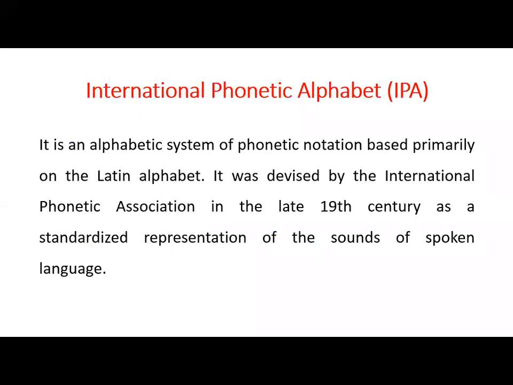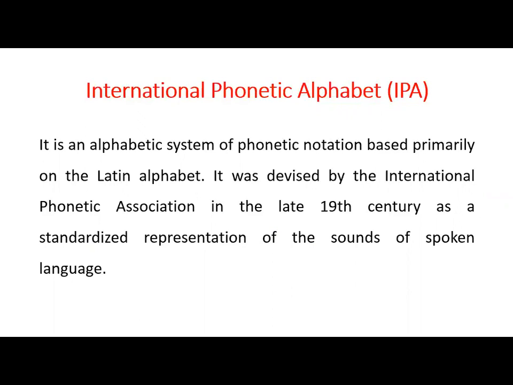Before starting diphthongs, I would like to tell you one thing, that is the International Phonetic Alphabet, means IPA. So, what is it? It is an alphabetic system of phonetic notation based primarily on the Latin alphabet, and it was devised by the International Phonetic Association in the late 19th century as a standardized representation of the sounds of spoken language.